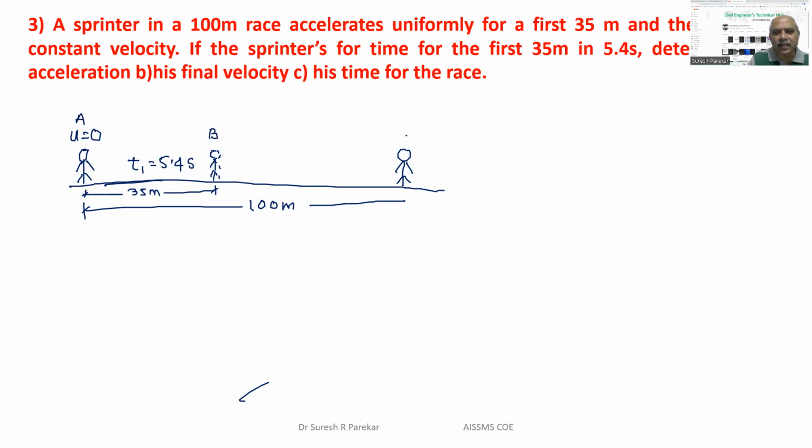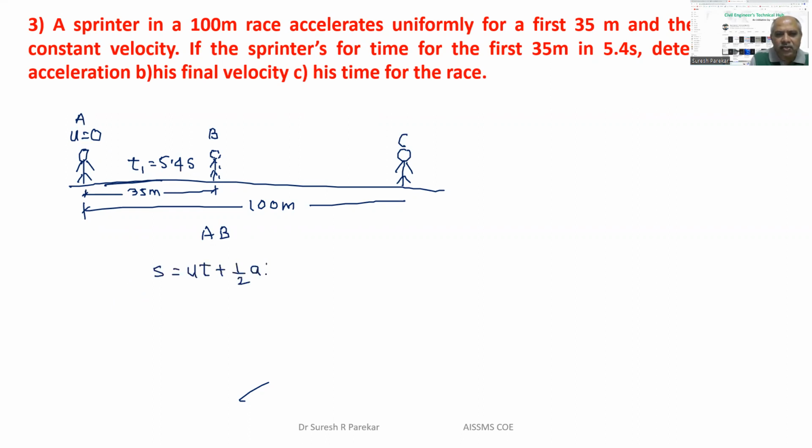And then we have another BC part. So I will go with data AB part. So what is given? S is given. T is given. U is given. So what equation can we use? We have to find out acceleration, velocity. So now u is 0, a we have to find out, s we have given.